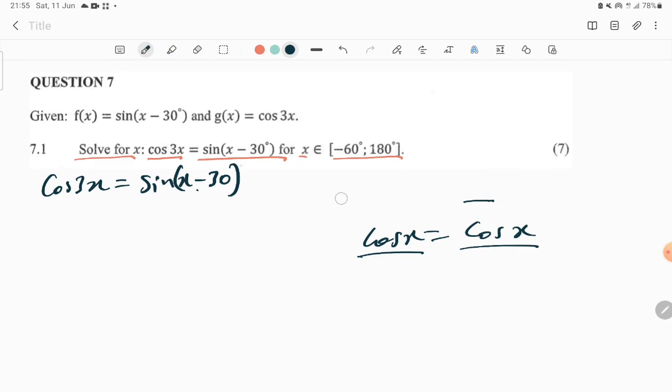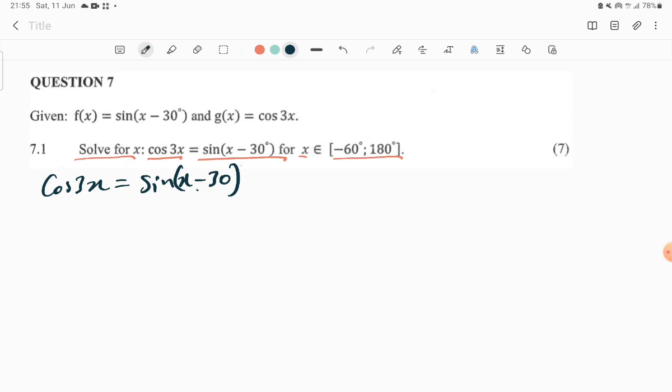Now let's come and apply this concept here. How do we then change sine to be in terms of cos? Because the idea is to change one trig ratio to the other trig ratio. We either change cos to be sine or sine to be cos. It depends on which one you want to work with.